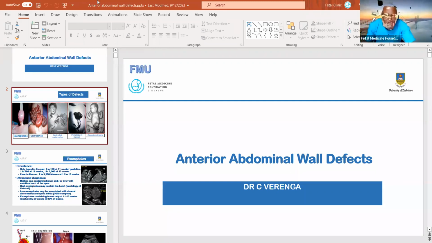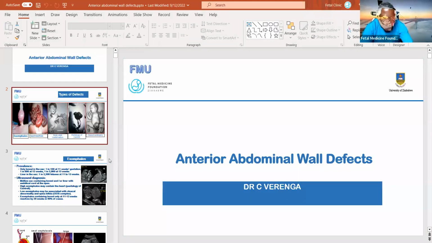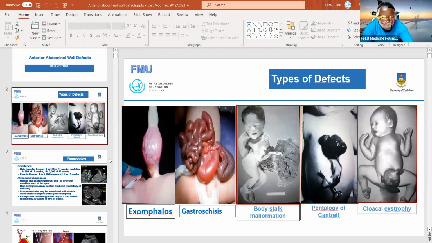I'm sorry, my internet is not very stable here, so I'm just hoping we will succeed in what we are trying to do. Let me use my second device to see if indeed my screen is coming to you, because right now I can't even tell. Okay. Right. So yeah, there is a screen there.